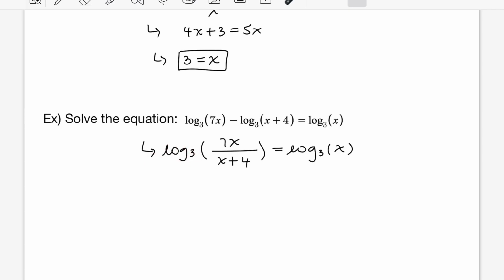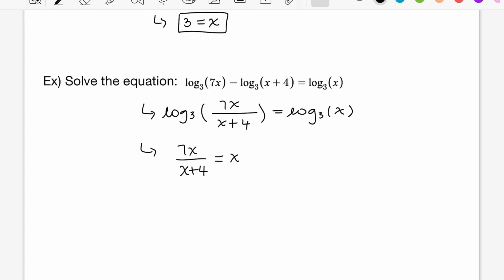And again, if these log functions are the same, then the arguments must be equal to each other. So we'll have 7x over x plus 4 is going to be equal to x. We'll do the same thing here. We'll multiply by x plus 4 on both sides.